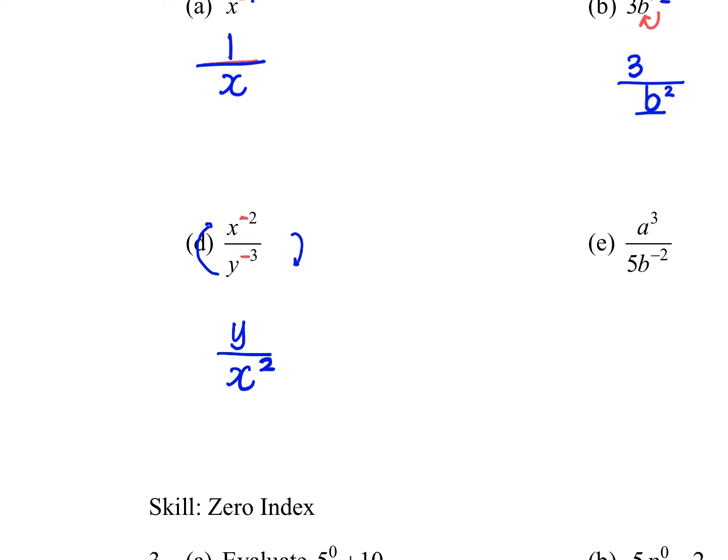And now it will change to positive power. So y to the power of 3. And this will be the final answer. Okay, so take note of the negative power. It will shift the position. If you want to change it to the positive index form, you shift the letter to a different position.